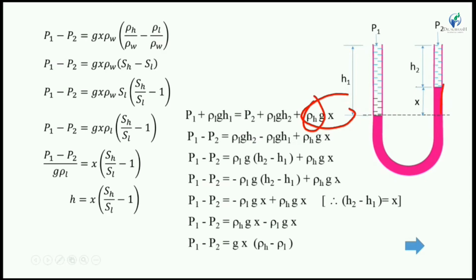Density ρh is the density of the heavy liquid and ρ1 is the density of the flowing liquid.